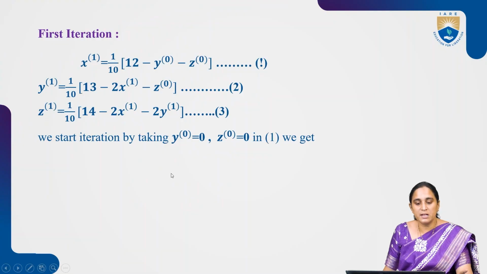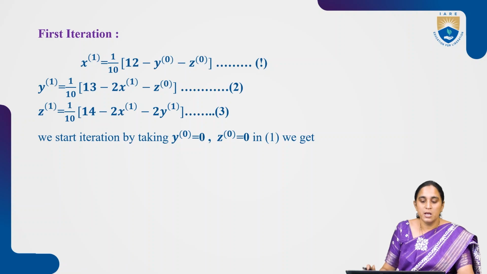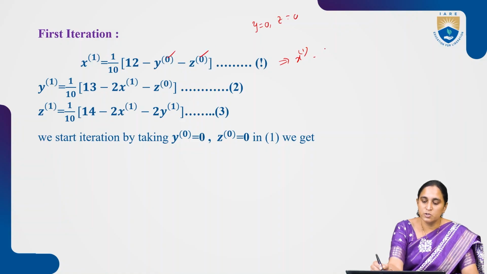Initially we can take y power 0 and z power 0 for getting the first iteration value. That means x power 1 is equal to 1 by 10 into 12 minus y power 0 minus z power 0. Here we can consider y is 0 and z is 0, substitute, and we get 12 by 10, that is 1.2.